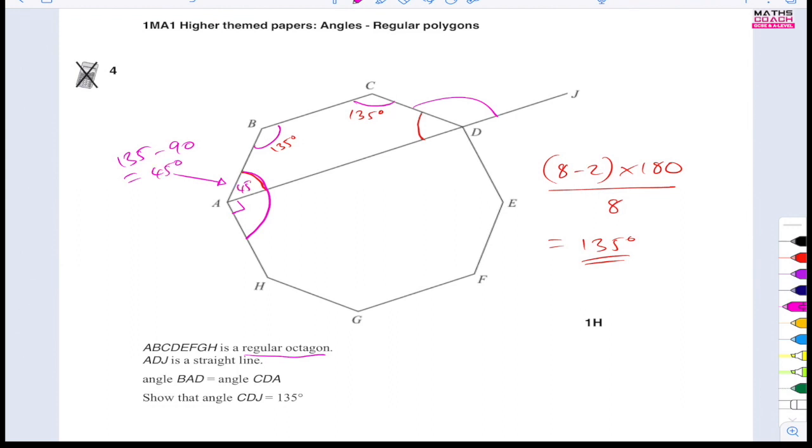So this is 45, and this is also going to be the same, same principle. All of that is 135, take away the 90. Now, that just leaves me to find this, which I'm sure you've worked out. Angles on a straight line add up to 180. So that's going to be 180, take away your 45, and that gives 135 degrees.